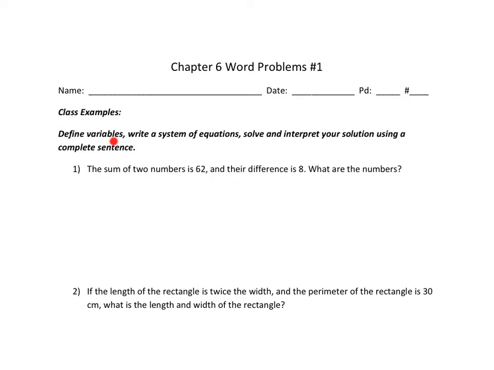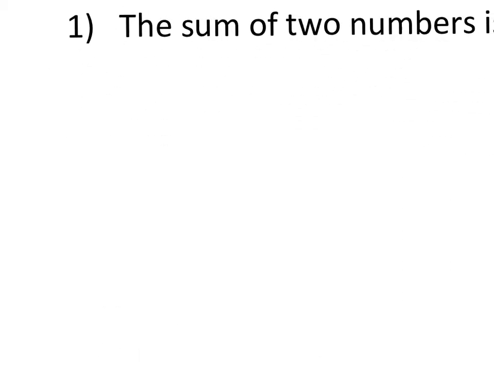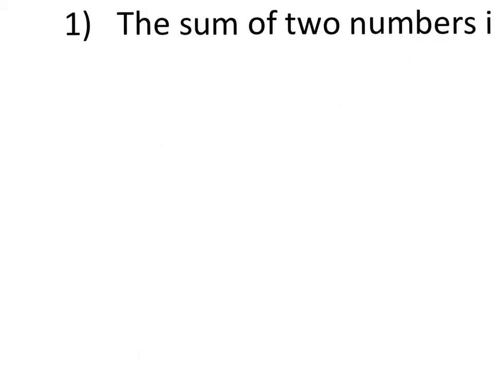When you're defining variables for a problem like this, it's not going to be real fancy because you're just looking for 2 separate numbers. So we're going to define x as our first number, and y is going to be equal to our second number.